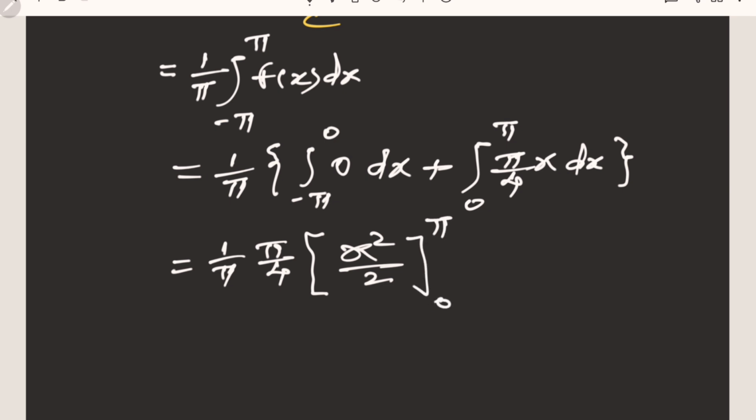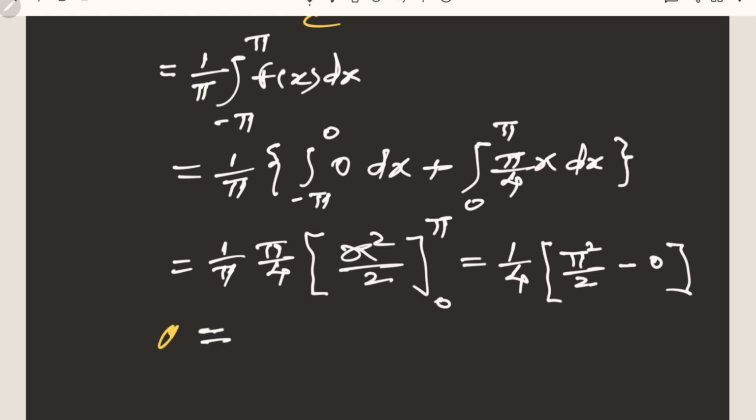Pi gets cancelled, we get 1 by 4 times, substituting the upper limit we have pi square by 2 minus the lower limit at 0, and therefore the value for a0 is pi square by 8. We call this equation number 2.